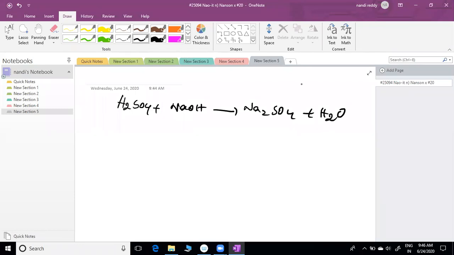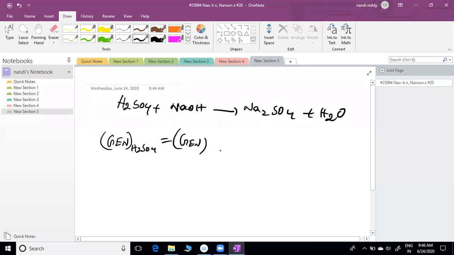Everything, reactants equal to products, and even reactants among themselves. So GEN, or gram equivalent number, of H2SO4 equals the gram equivalent number of NaOH. You can equal even here the gram equivalent number of Na2SO4.